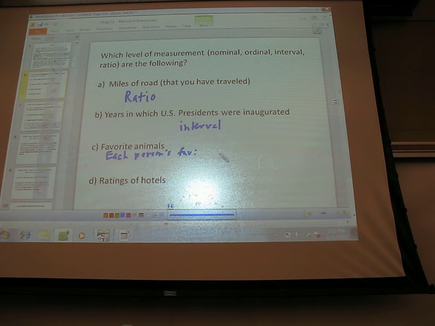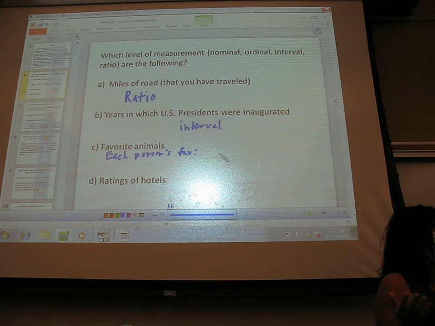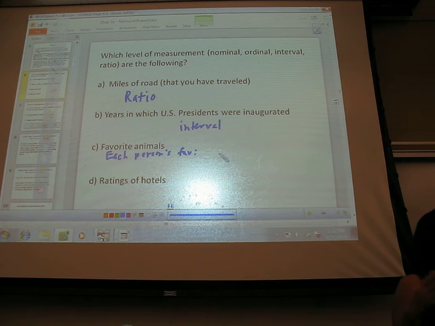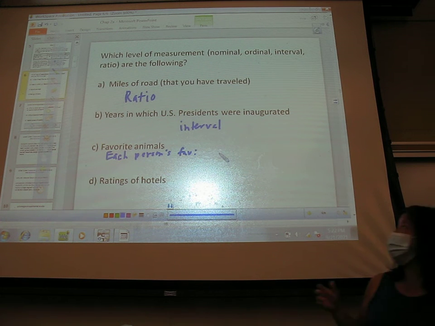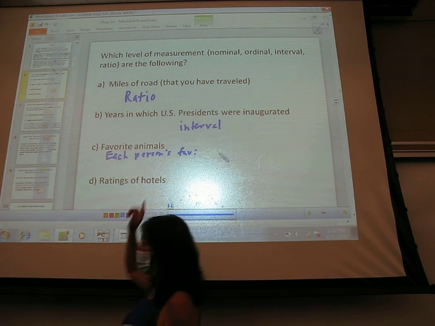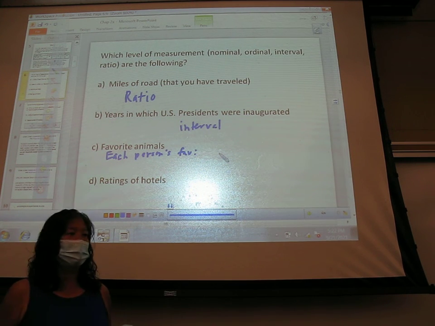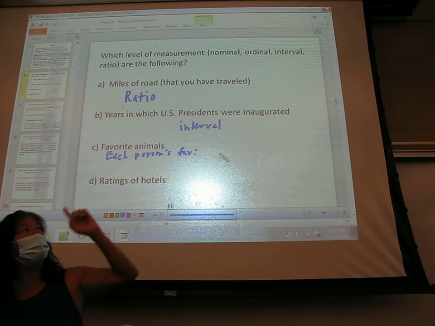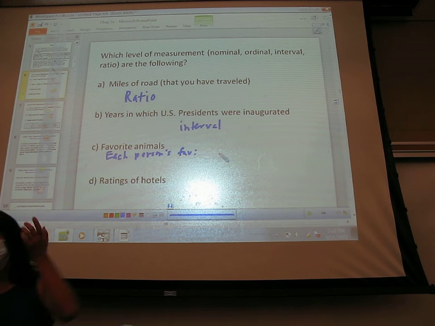Now, is cat rated higher than bear? Rated higher than otter? Rated higher than elephant? Or anything like that? No. They're all not rated. I mean, they're all different people's favorite animals. Does that make sense? There's no order to them or ranking to them. So if you interpret it that way as each person's favorite animal, then that one would be what? Nominal.